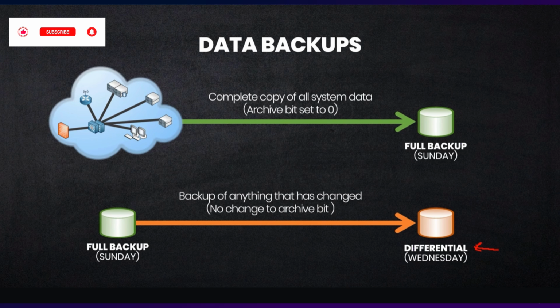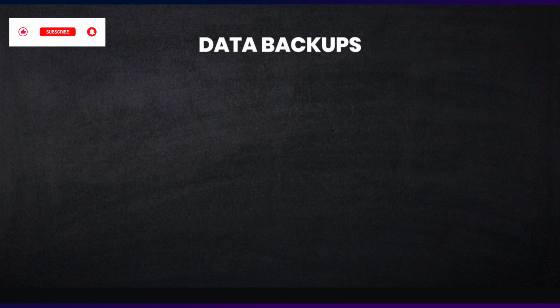Let's talk through a common scenario you might see in the field. For instance, a full backup is done on a Sunday morning or maybe Sunday evening when the system is idle and at its lowest point, so we can capture all of the data. Then maybe we do a differential backup on Wednesday. That's great and all, but what do we do on Monday and Tuesday?